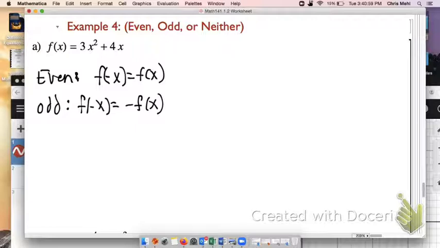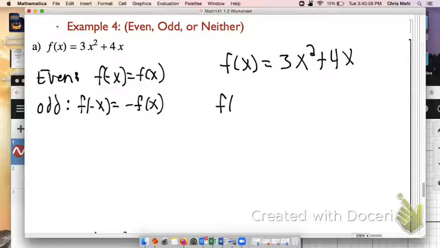When I'm going to determine even, odd, or neither, of course I want to know the original function. I also want to know what f of minus x is. And then the other thing I want to know is what minus f of x is.